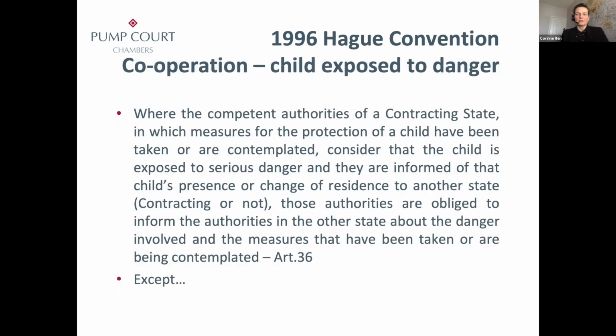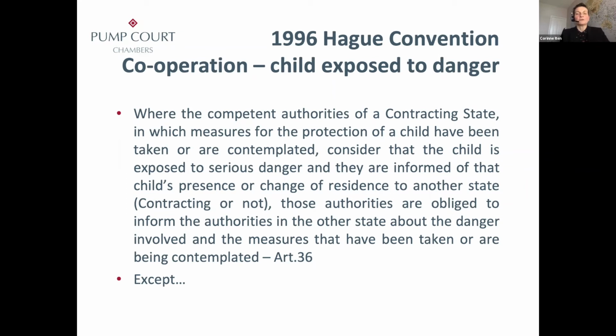The Hague Convention also gives us another form of compulsory cooperation, as it were, under Articles 36 and 37, which applies in cases where the child is exposed to danger.